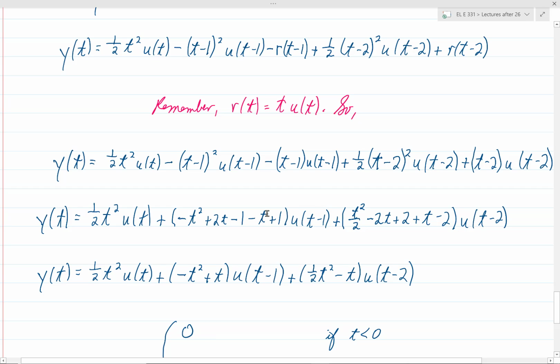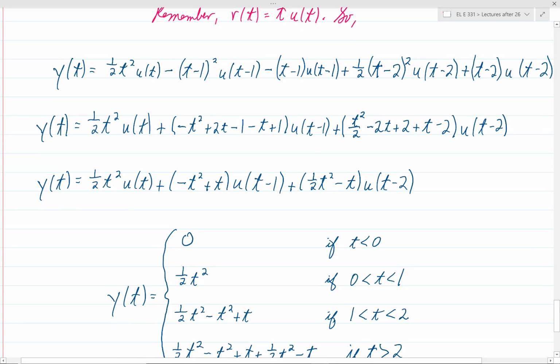And all of that is multiplying u of t minus 1. And then similarly, I'll group together the terms multiplying u of t minus 2, which are these two terms. And so when I square this, I get t squared minus 4t plus 4, but then I have to divide that by 2, so I get t squared over 2 minus 2t plus 2. And then here I just get a t minus 2.